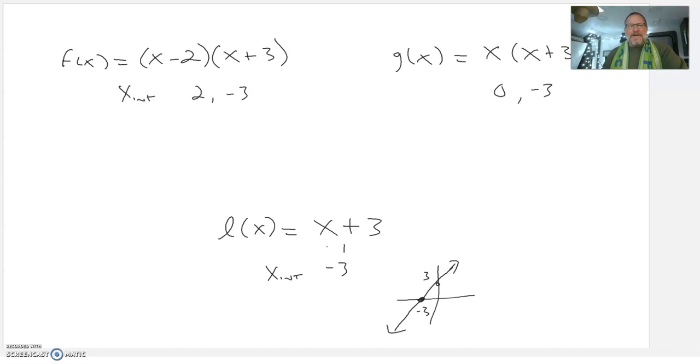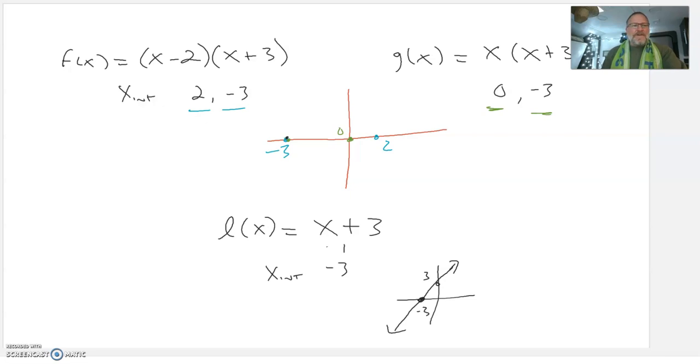Now, what's common here? What do all of these graphs do? If I was to graph all of them on one giant XY grid, I would have one of the graphs hitting 2 and -3. I would have another graph having x-intercepts at 0 and -3. And down there, we already realized that that graph has one at -3.